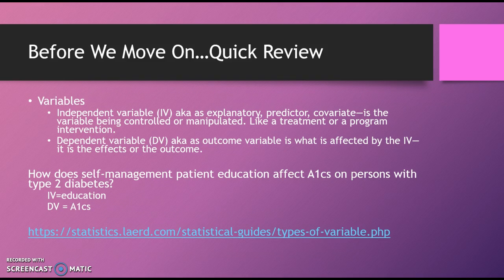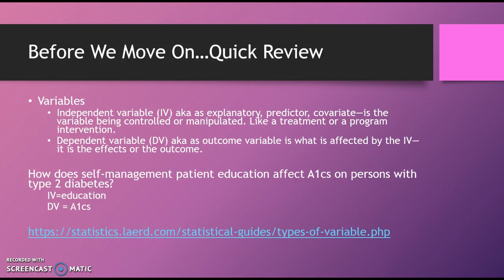Okay, so before we move on, very quickly, a part of the evaluation table, which I'm going to show you the template for in a moment, is the variables. When we are talking about quantitative research, you really need to have an understanding of the variables. And I know you're getting that in your statistics course as well. The independent variable is also known as an explanatory, predictor, or covariate variable.